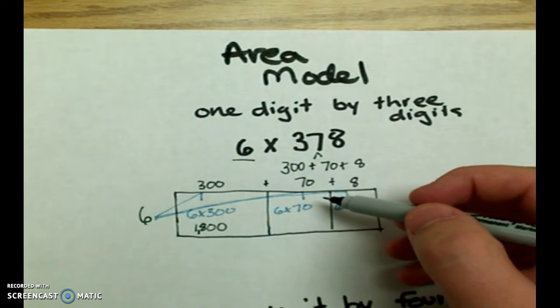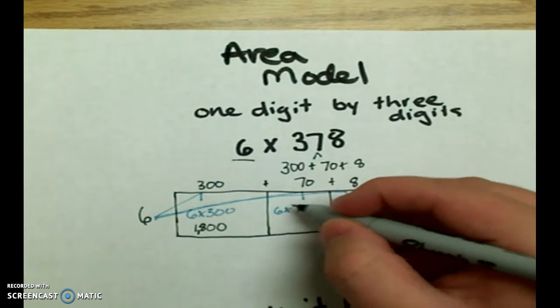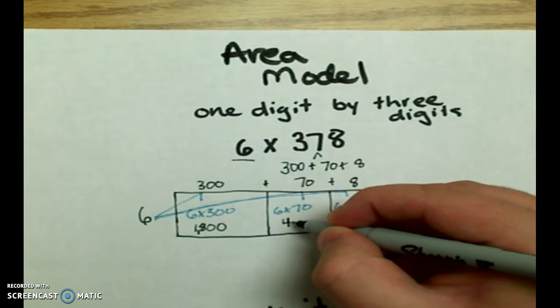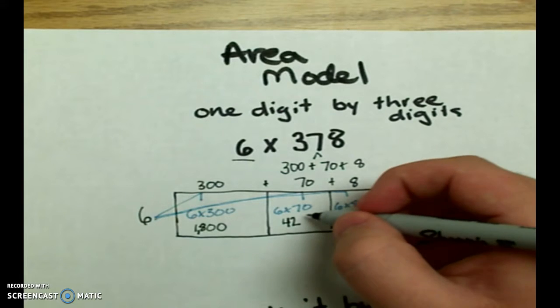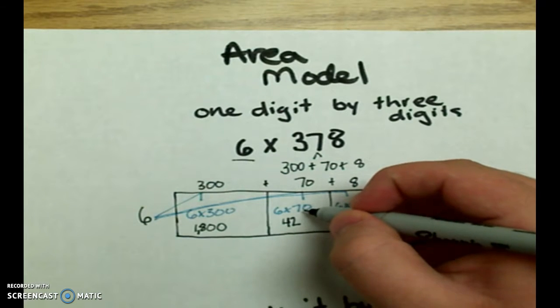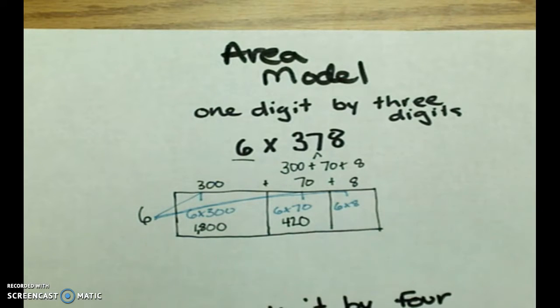Again, that's a hard multiplication fact that sometimes trips people up, but I know you guys are studying at home. So 6 times 7 is 42. And then how many tens do you have? When you split up the 70, it's 7 tens, so it's 42 tens, which is equivalent to 420.